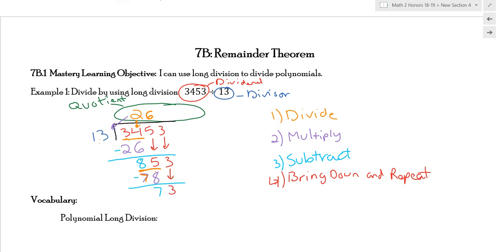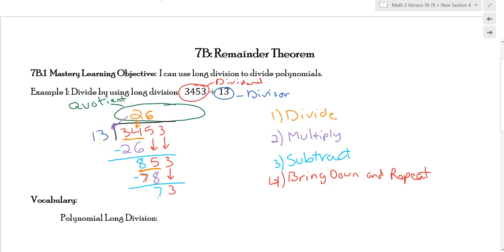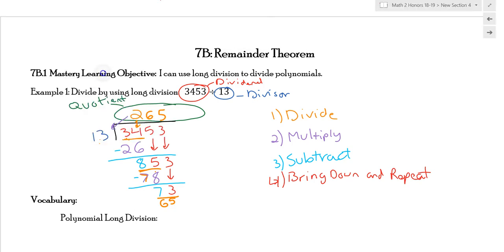Again, 13 does not go into 7, but it will go into 73. Again, it went into 85 6 times with 78, so it's going to be less than that. So it's only going to go in 5 times. 5 times 13, I believe, is 65. Again, subtract that. We get 8. I think that makes sense.